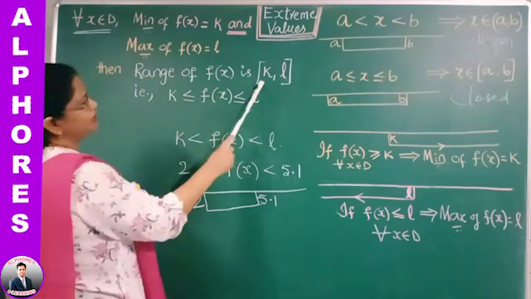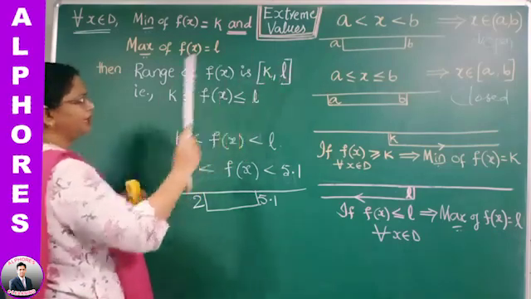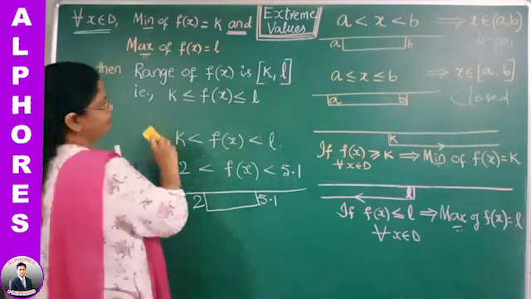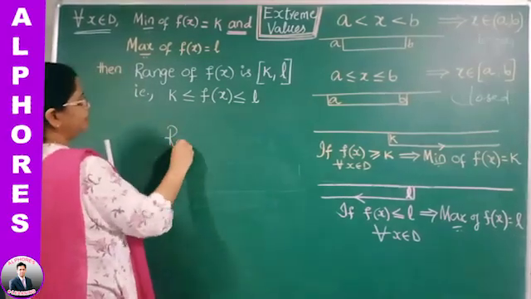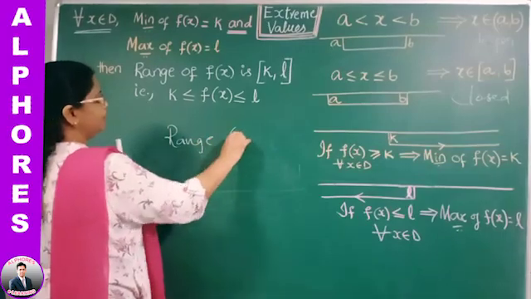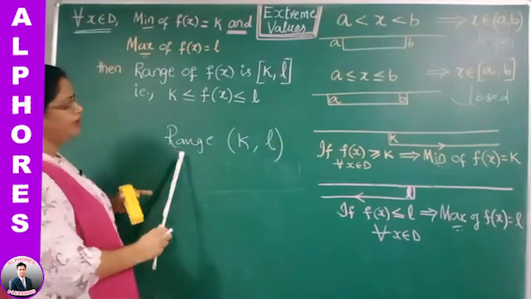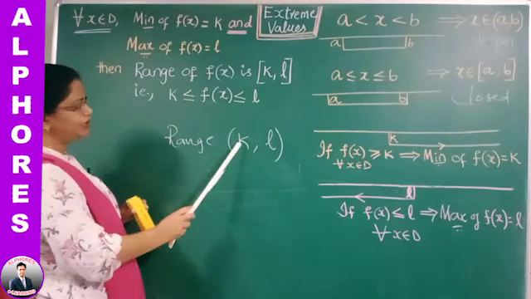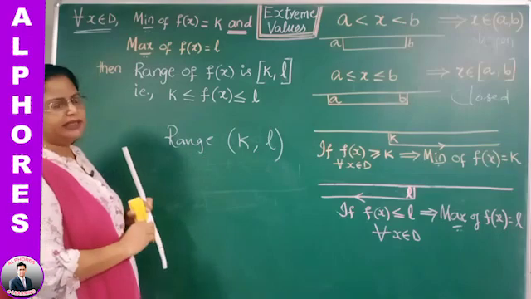But as long as it is a closed interval, surely k is minimum and L is maximum. If I take the same function, the range of f of x is the open interval k comma L. This range you can also define, but here you cannot say k is the minimum value and L is the maximum value. Understand students?